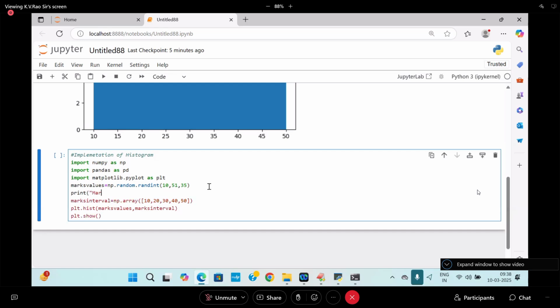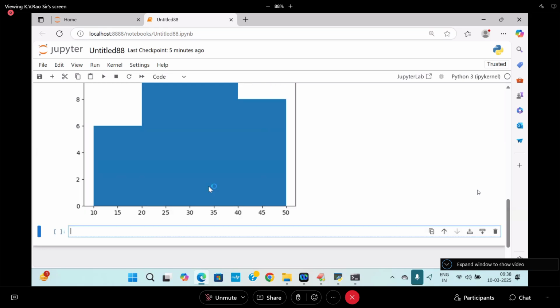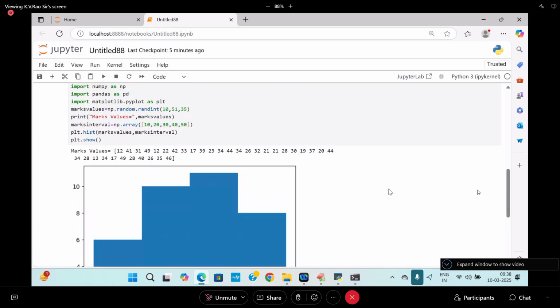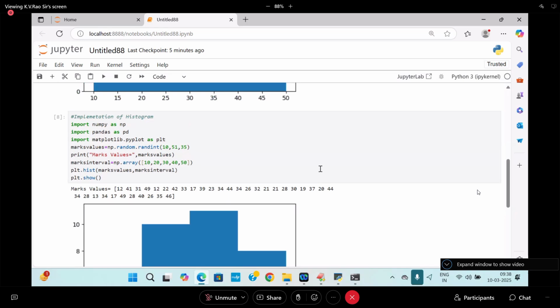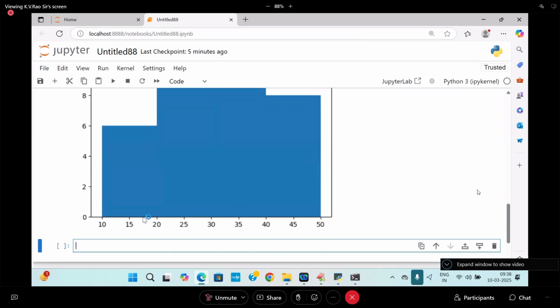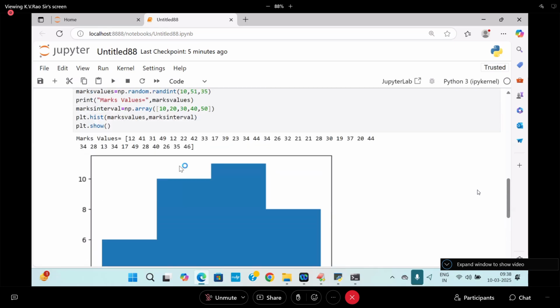What can I write for marks values? You can take it and just try to run it. A different diagram will come. Have a look at between 10 to 20. How many are coming exactly? 6. Let me cross check.